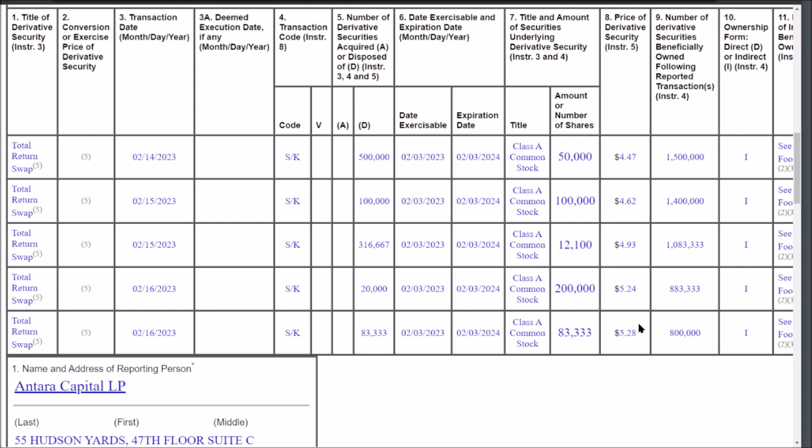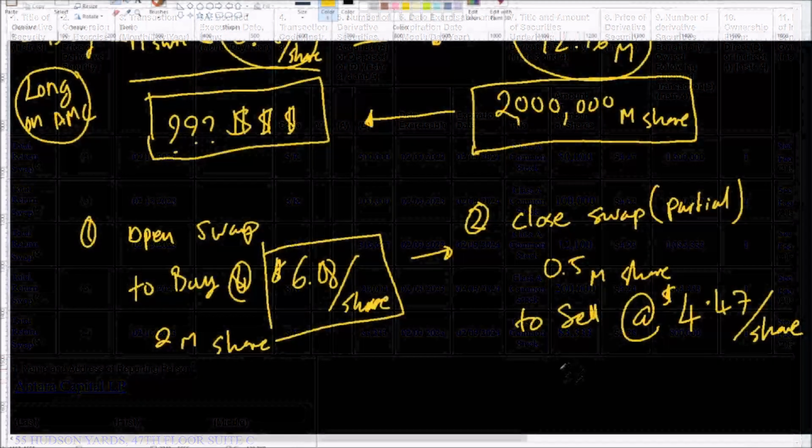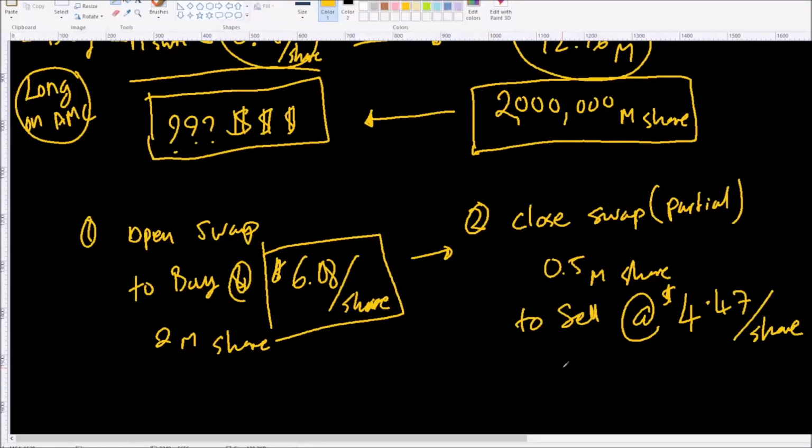Okay, but at every single price point, it's lower than what they agreed to buy it at. Again, at the end of it, it's safe to say that they are selling 1.2 million shares of it at a lower price than they bought it for.